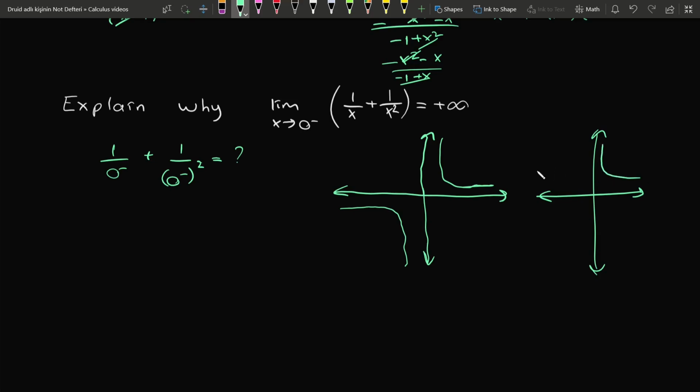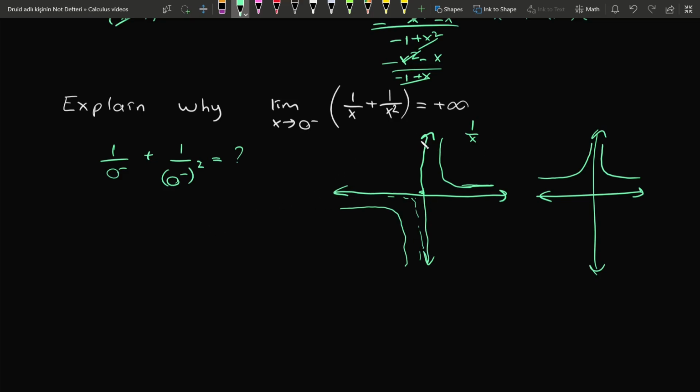And my 1 over x squared should look something like this. So when I approach 0 from the left for 1 over x, my 0 is here. I'm approaching 0 from the left side, and I'm seeing that it is going to negative infinity.